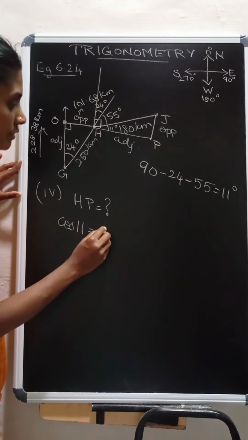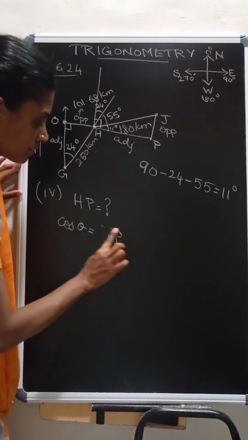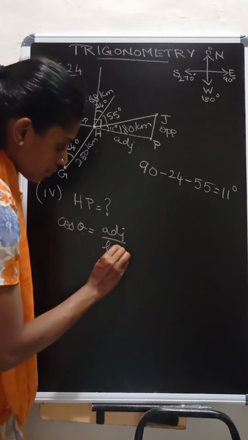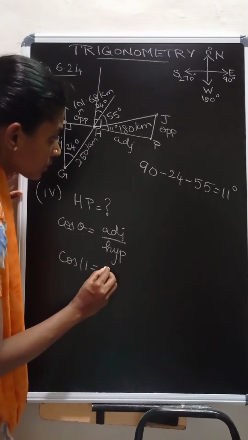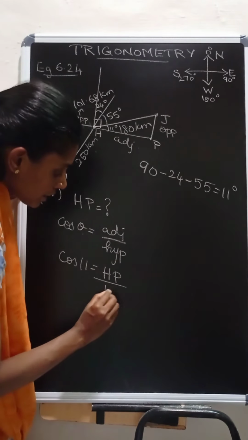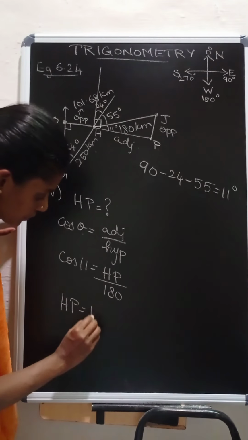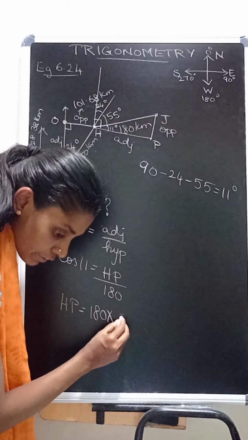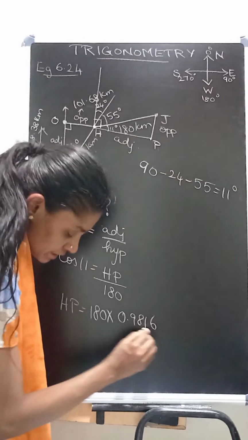Cos theta is equal to adjacent by hypotenuse. Cos 11 is equal to HP by 180. So HP is equal to 180 into the cos 11 value they have given you in the question, 0.9816.